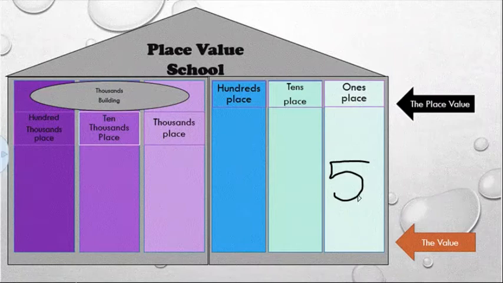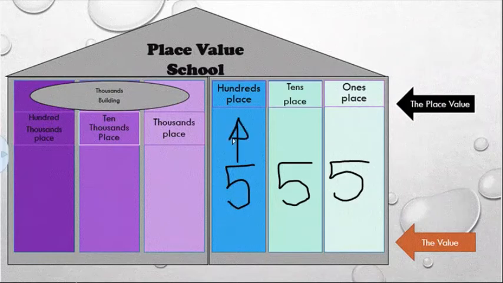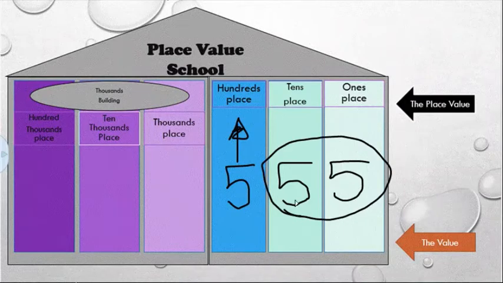Can you read this number? Yeah, teacher, of course, it's number 5. Okay, what about this? 55. What about this? Teacher, we will start from the left. It's 555. Super, you are amazing. But what if I add another digit? Can you read it?